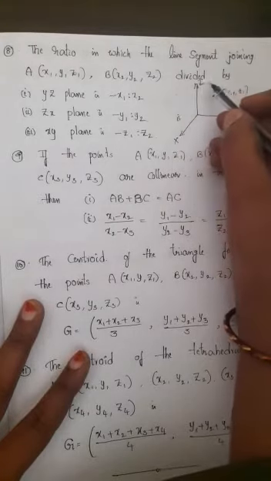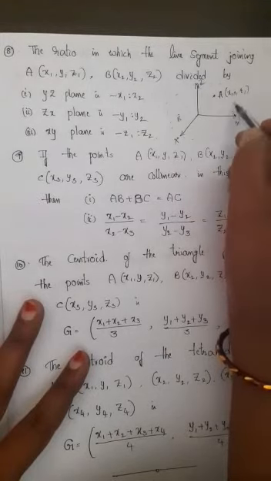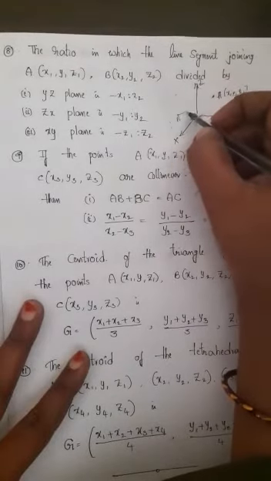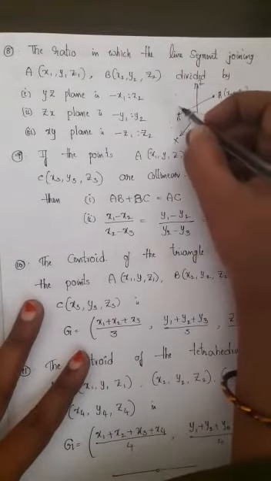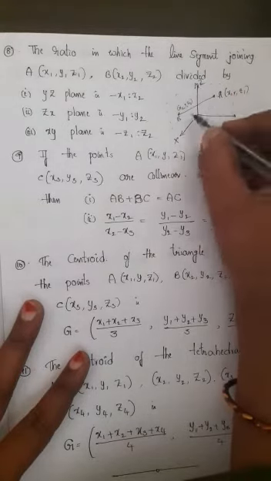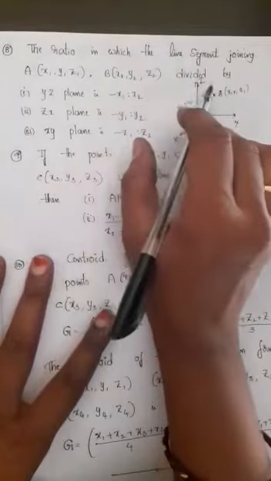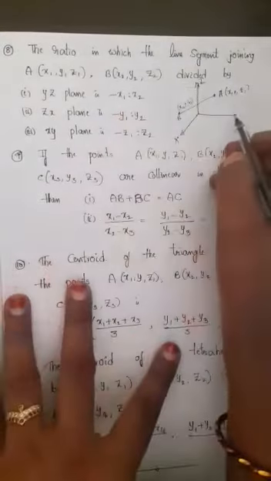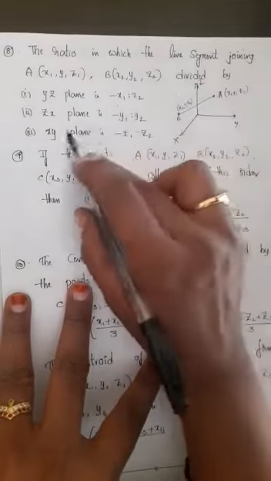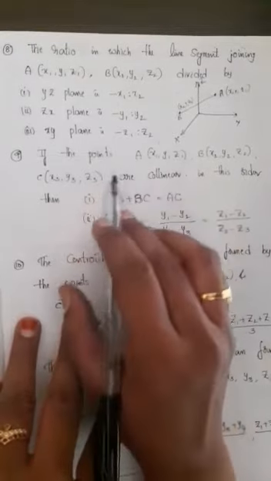Think of it just like a room's corner. Suppose this is a line joining A and B. Then the ratio in which the line segment is divided by the yz plane is minus x1 is to x2. By the zx plane, minus y1 is to y2. By the xy plane, minus z1 is to z2.